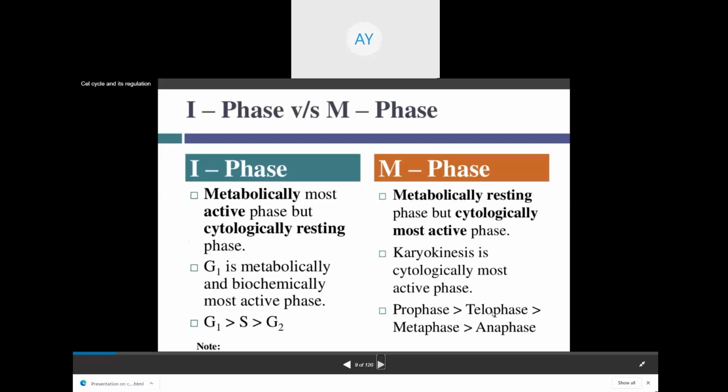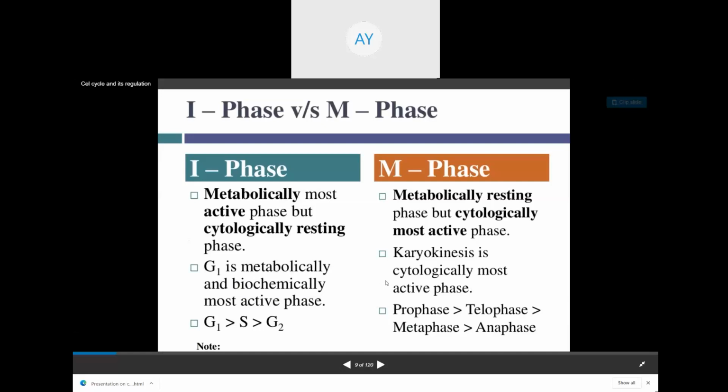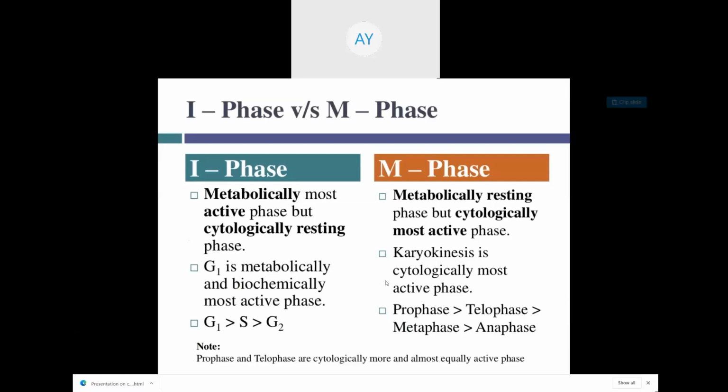So karyokinesis is the cytologically most active phase, but G1 is the metabolically and biochemically most active phase, because in G1 there is synthesis of the maximum amount of protein and RNA. The M phase includes prophase, metaphase, anaphase, and telophase, in which there is division of the nucleus, and further division of the cytoplasm. First karyokinesis and then cytokinesis.